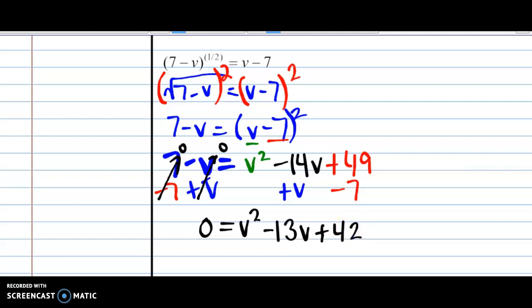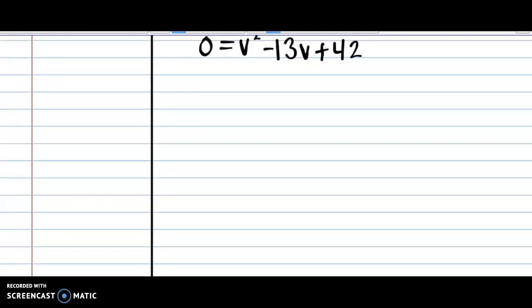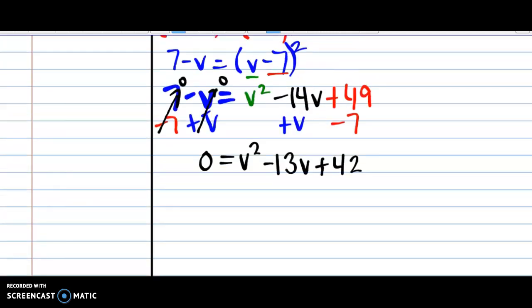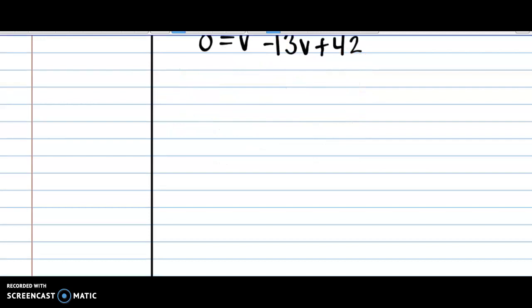So now what do we have? We have a quadratic equation, and to solve it we're going to factor it. Here a is equal to 1, b is equal to negative 13, and c is equal to 42.